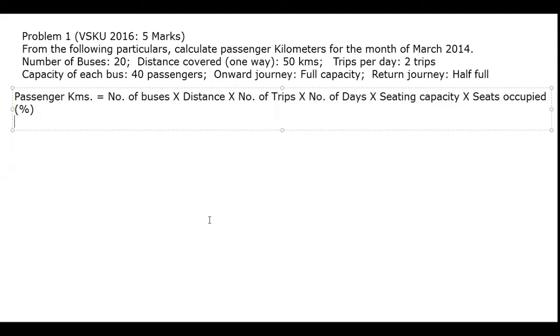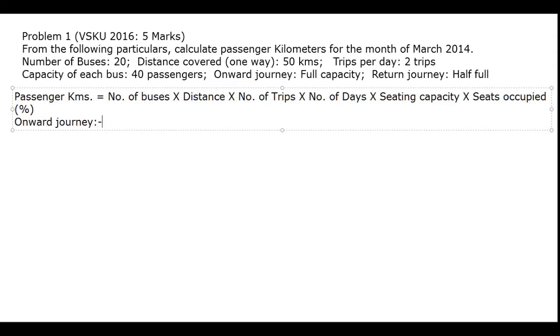We have two types of journey here, that is onward journey and return journey. Let us see first onward journey. Onward means while going.